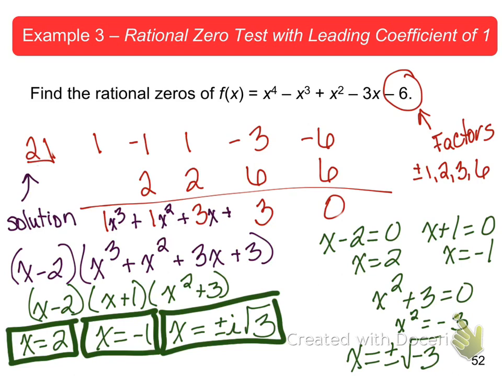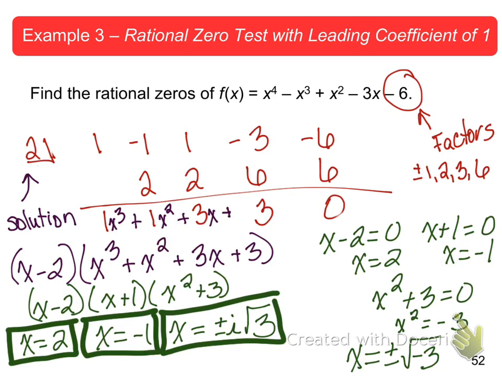Complex is where we've got imaginary. Complex involves i. It does not cross the x-axis. So this right here is complex. It does not cross the x-axis, and it does travel in pairs.